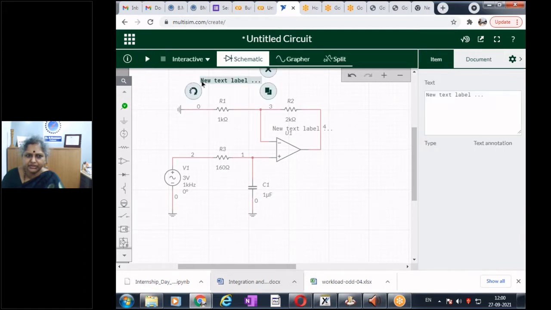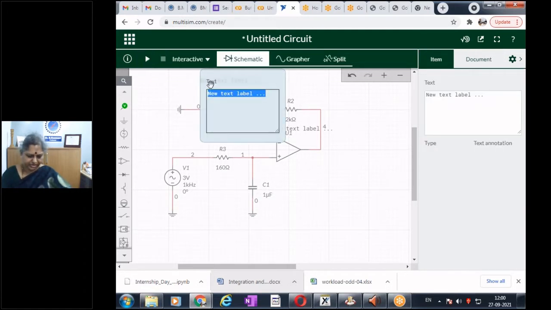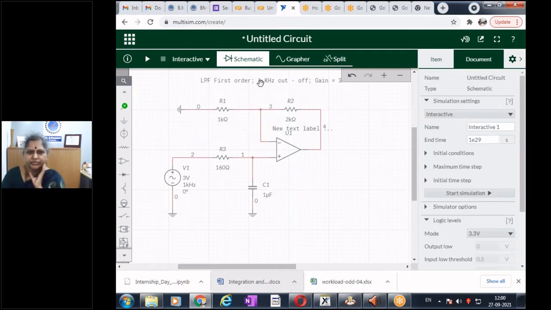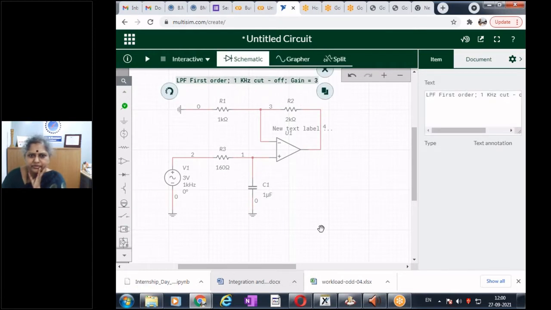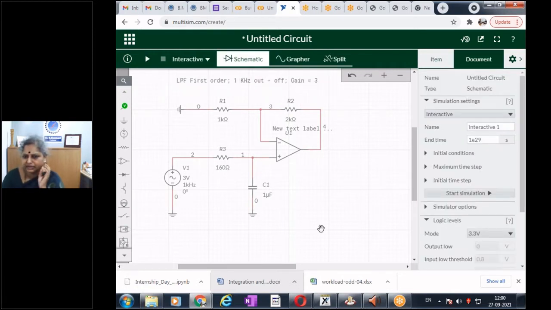I can put it here. What I have is low pass filter, first order, 1 kilohertz cutoff, and gain equal to 3. This is what we have. So this is my circuit.